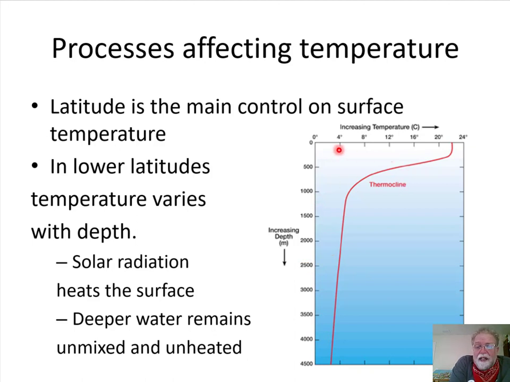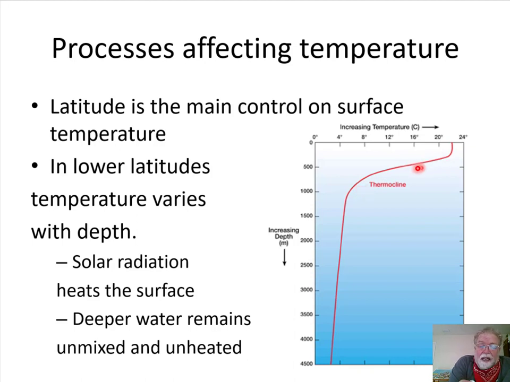But anyway, you can see here that the temperature of the surface water at lower latitudes near the equator is very warm because it's been heated by the sun. As you go down, though, that temperature drops off. That change in temperature as you go down is called a thermocline, and oceanographers, oh my gosh, they love their something-oclines, right? Something-cline is just a change in something as we go down.